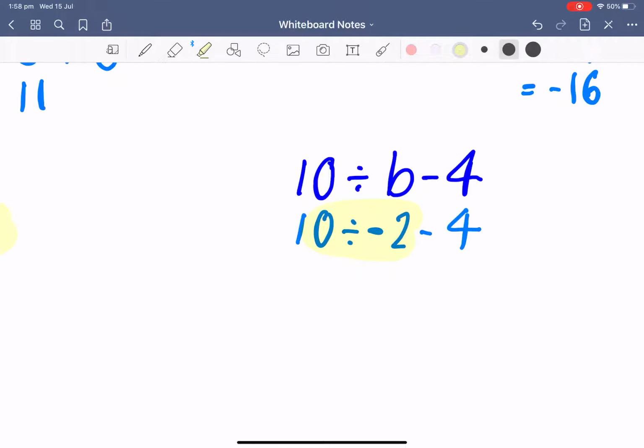So 10 divided by 2 is 5, but we've got 10, which is a positive number, and 2, which is a negative. So when a negative and a positive number are divided, they give a negative, okay? So that rule should be in your book from the last few lessons. So the answer is -5, take 4. So you've got -$5 in your bank account. You're going to take out 4, and so now you've got -9.